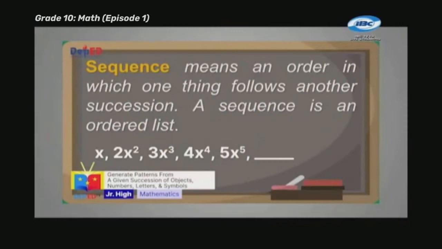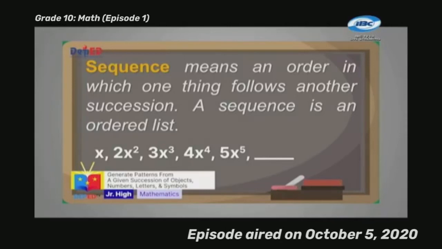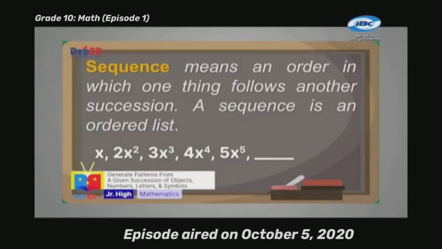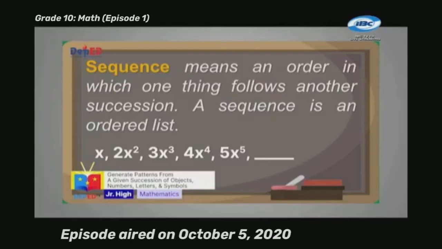The word sequence means an order in which one thing follows another in succession. A sequence is an ordered list.